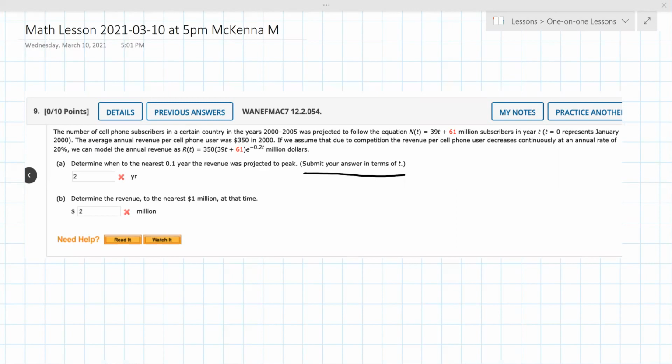This is from a textbook. So here it just has the answer as just a number.